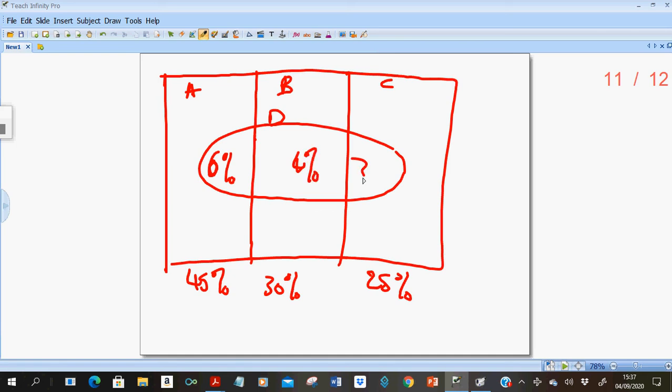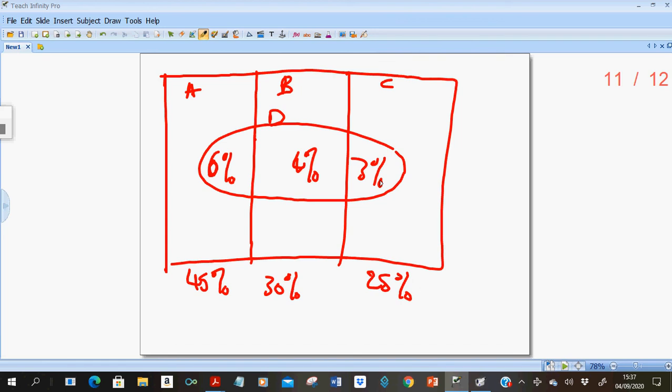So these three machines all produce defective. Now we're told that one component is selected at random from the total output and is found to be defective. What is the probability that it came from machine A? Okay, so that is the probability that we are looking for.